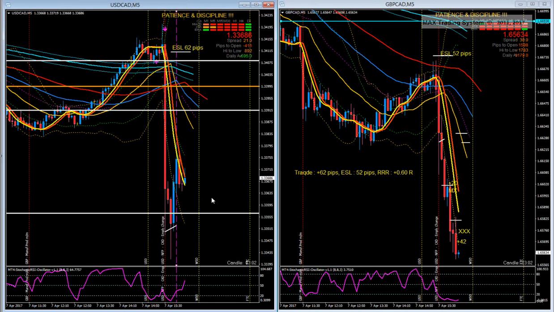What is happening in the pound, in the US CAD here, depends on how this candle will close. We may have another exit setup triggering, which is called in the max standard the 3 RBs. But it will really depend on how this candle will close.